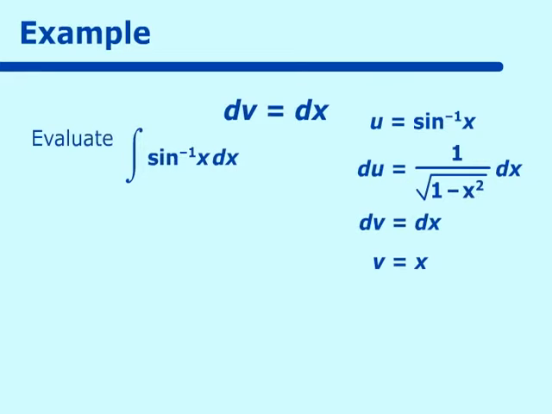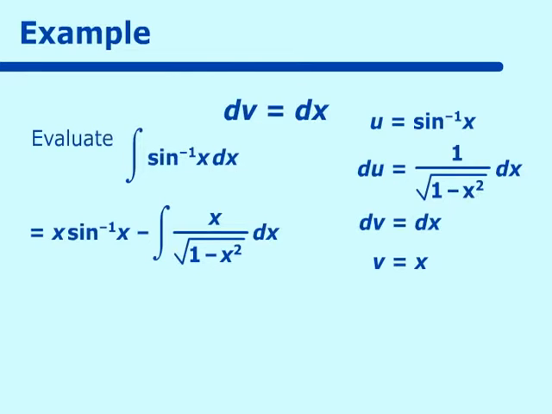This becomes u times v, so it's x arc sine of x, minus the integral of v du. So that becomes x over the square root of 1 minus x squared dx. Well, we have to look at this again with a substitution.